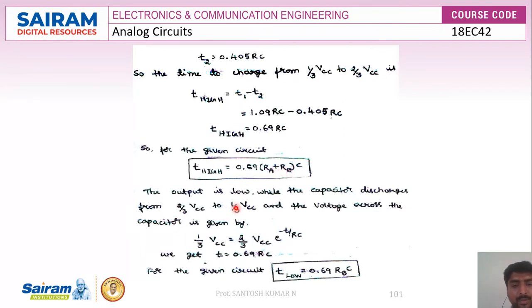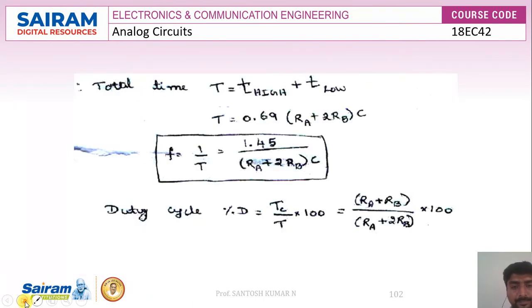The output low is obtained whenever the capacitor discharges from two-thirds to one-third of VCC. So if we represent that as one-third VCC equals two-thirds VCC into e to the power minus T by RC, we get T equal to 0.69 times RC. While discharging, the capacitor discharges through resistance RB alone. Therefore, R is replaced with RB.